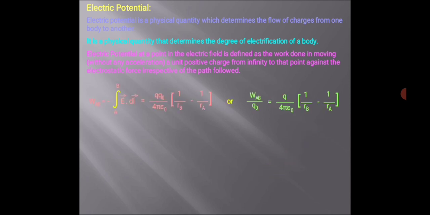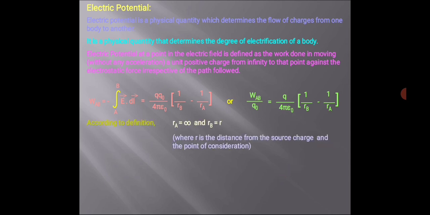Or we can write work done upon charge moved, WAB upon q naught, is equal to q upon 4 pi epsilon naught, 1 upon rb minus 1 upon ra. According to the definition, the charge is moved from infinity to a given point, so ra is equal to infinity and rb is equal to r.